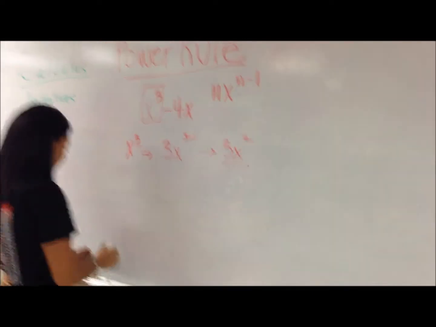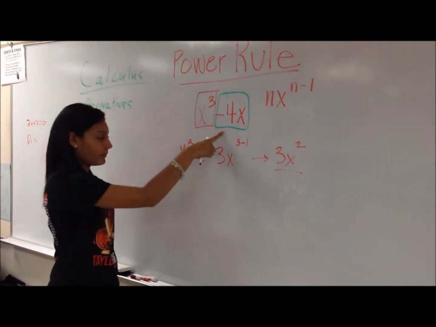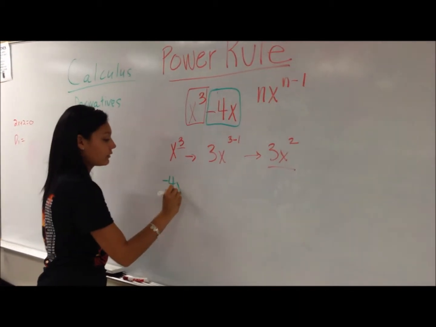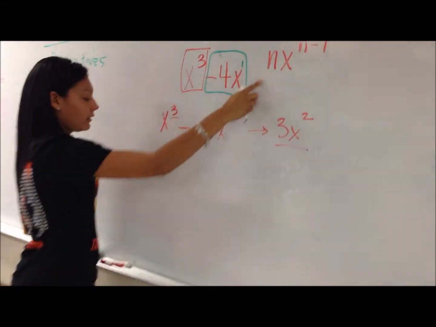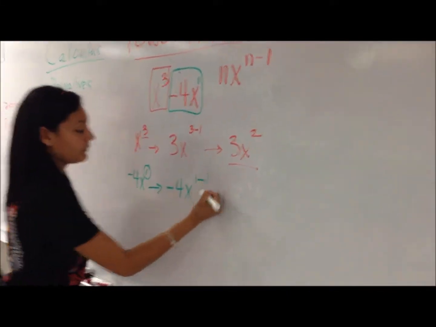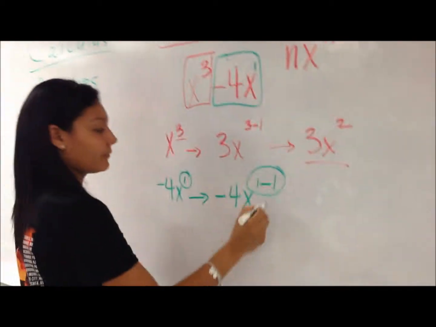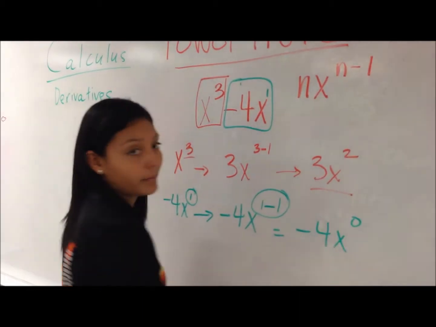Okay? So we're going to move on to the second part, which is minus 4x. And even though it's not written, it's implied that there is a 1. So this is our n value here. We're going to plug that into our equation. It's going to be minus 4x to the 1 minus 1, which is negative 4x to the 0 power.